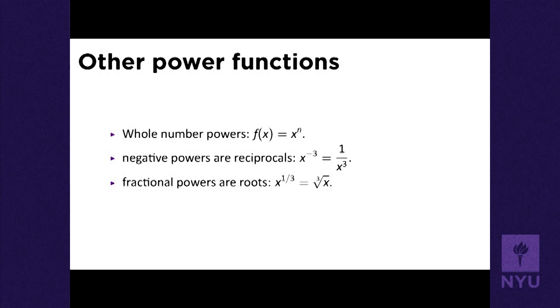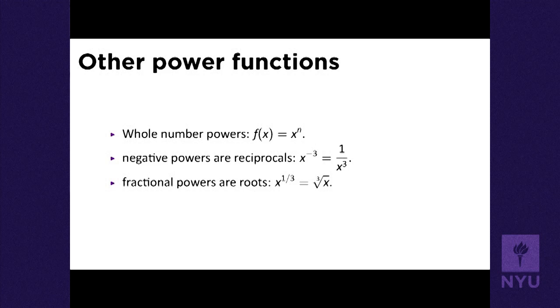Okay? If the exponent is negative, you can rewrite it as the reciprocal of the corresponding positive exponent. Another point to consider among power functions is that if your power is a fraction, it is a root of x as well.